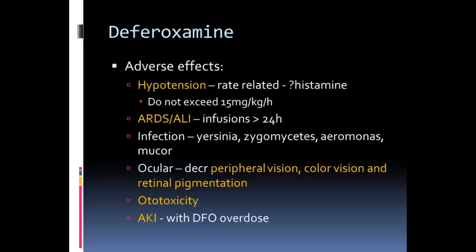That said, many people have exceeded 15 milligrams per kilo per hour in the past and not had hypotension or have handled the hypotension. But it's something to be expected. It's the reason why we start at a low dose and slowly increase. We're waiting to see if they have hypotension. And in general, it should be advanced.